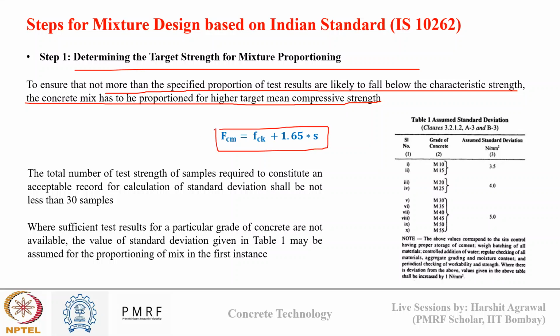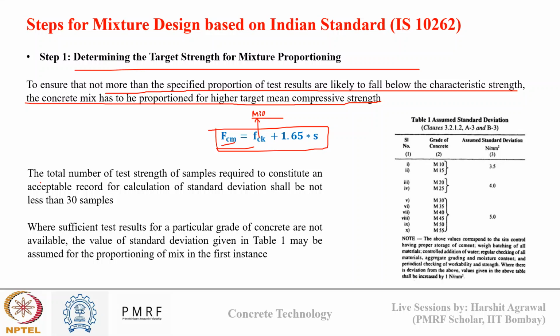Okay, we want a concrete to have a fck value. We know M30, we want to cast M30 grade concrete where 30 is the fck characteristic compressive strength. But since we want to be on the safer side and we want that 95% of samples should pass this value, we design for a target mean strength which is higher than the characteristic strength of concrete that we desire.